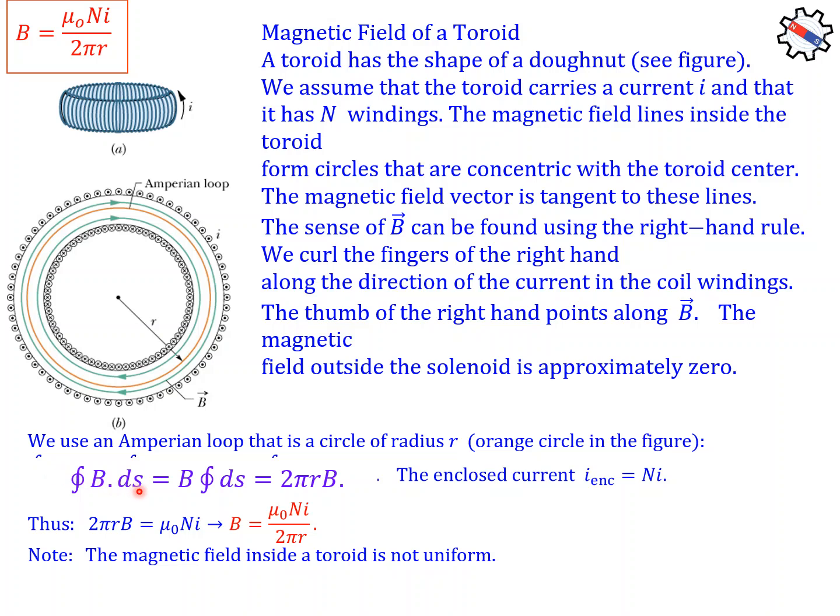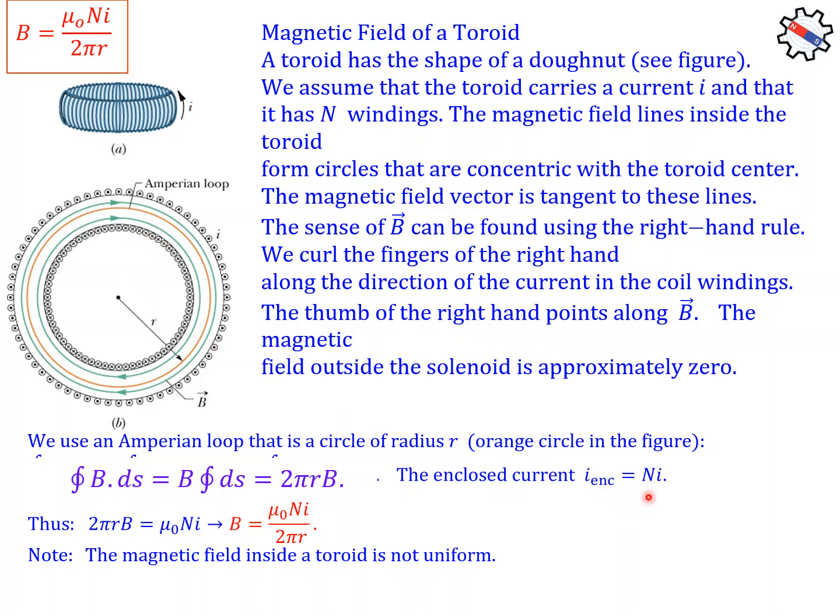The integral of B ds for this case is B times the integral of ds around the Amperian loop. We can take B outside because, by symmetry, why would it be different here, from here, from here, from here? That's going to be 2 pi r B, where r is the distance from the center to the Amperian loop, and that can be anywhere inside the toroid. The enclosed current by that loop is everything inside here, right?